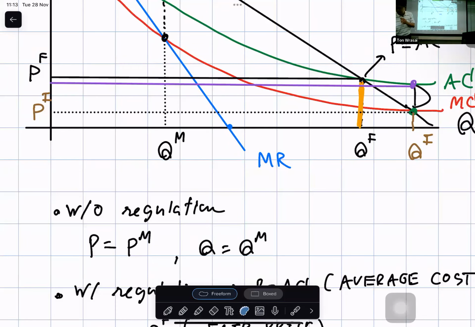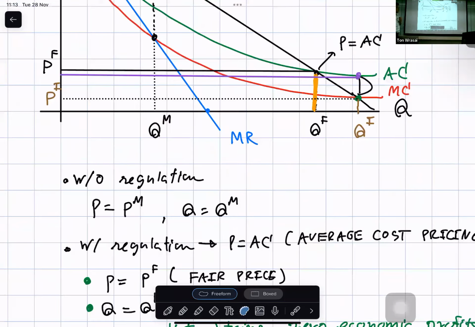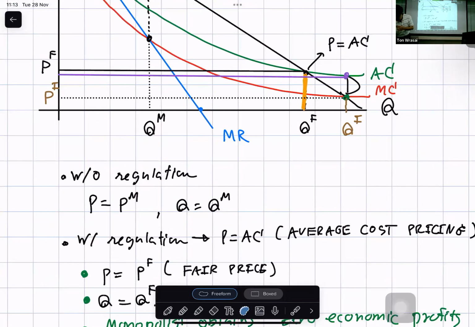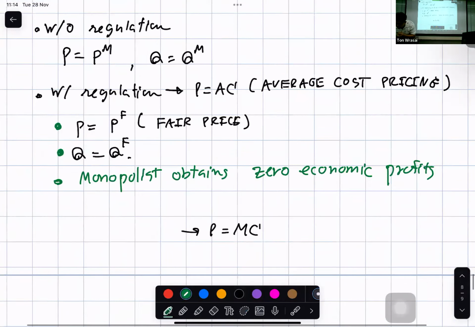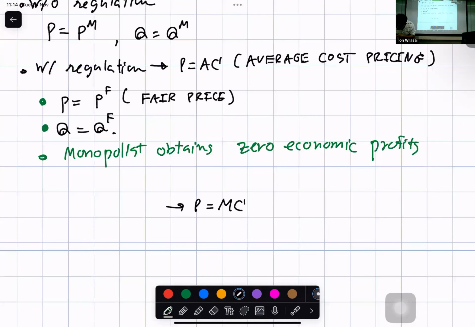We check whether monopolists would agree on this marginal cost pricing. P equal to MC. It's called marginal cost pricing.